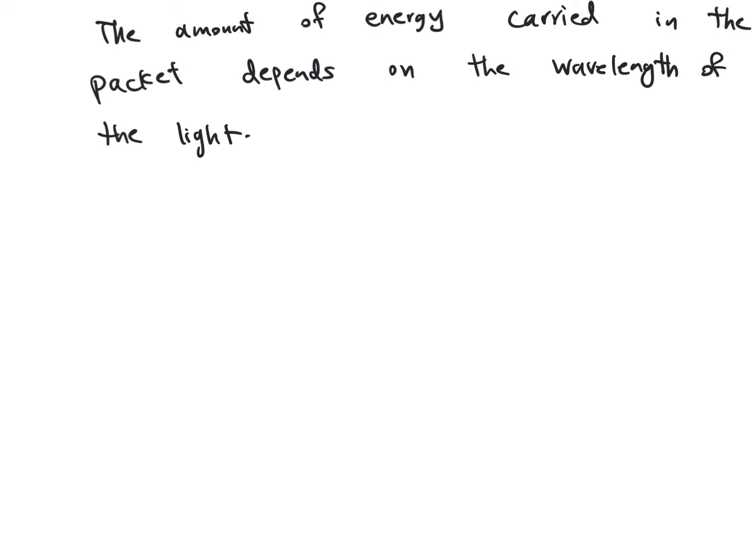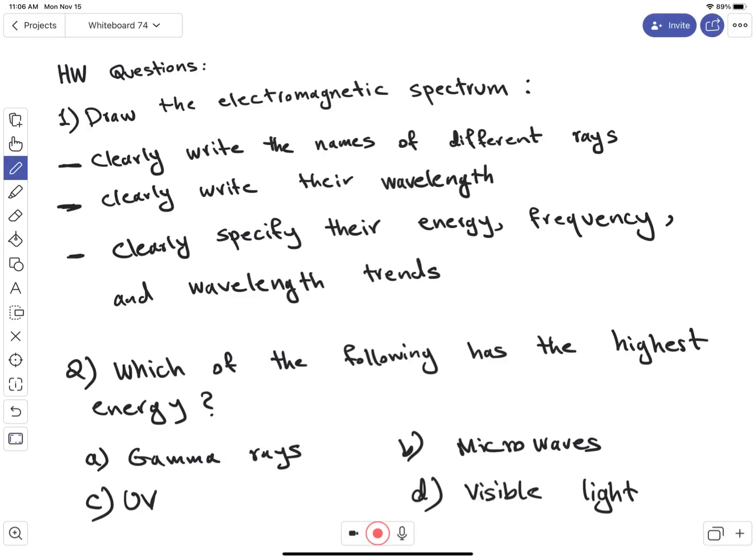have the first series of homework questions. I already wrote them, so I saved some time, but I'm going to read them for you. The first question is: draw the electromagnetic spectrum. What I just did, if you paid attention, it should be kind of easy to do.